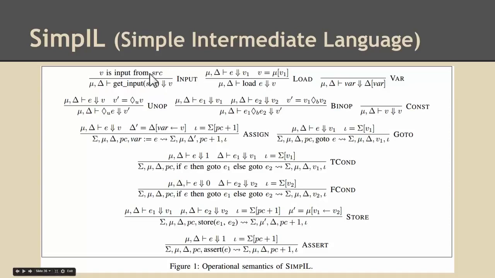But so we have input. So for instance, get character or get string from user input or over the socket. This is how it would be reasoned about symbolically. And then loading from perhaps the hard drive, and then declaring a variable, a unary operator here, and a binary operator here.